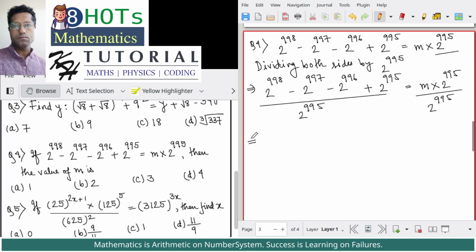Now this implies, I will split the expression of the left hand side with the subtraction and addition operations.